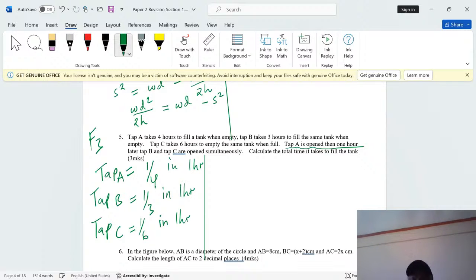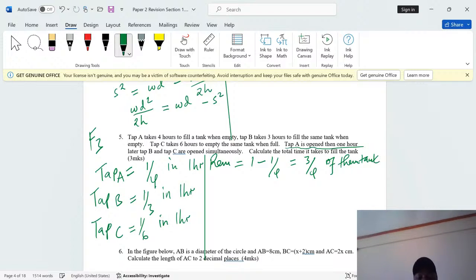Therefore, 3/4 of the tank will be remaining unfilled.